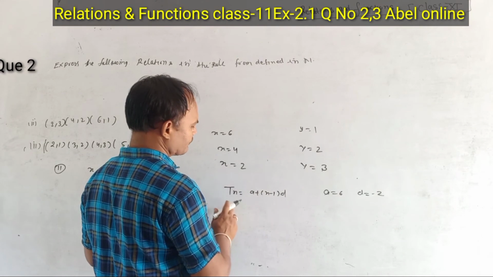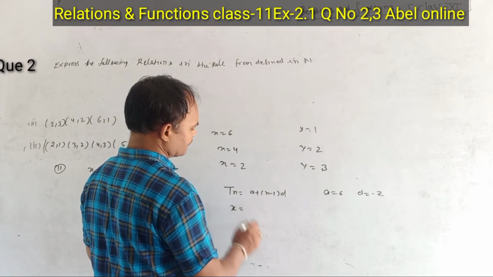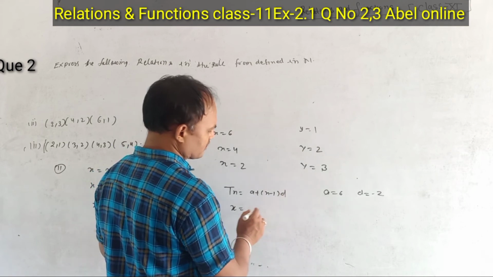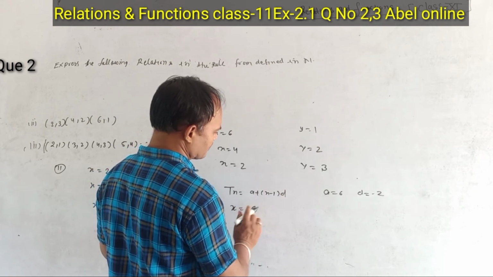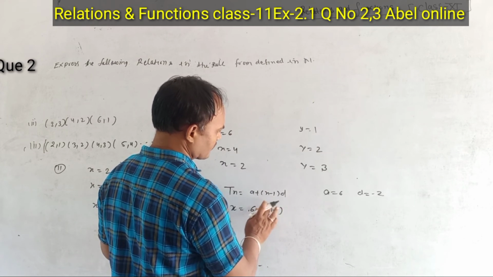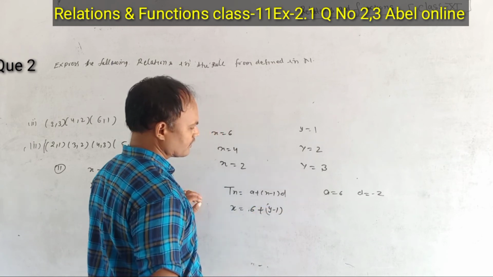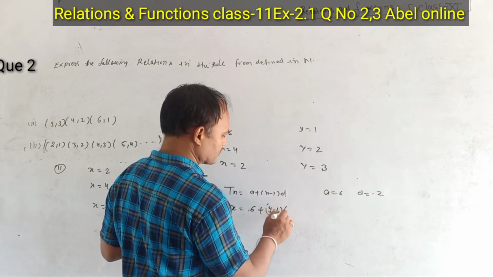So what is y? What is Tn? Tn is x. So x equal a, which is 6, plus n minus 1, and n means we are talking about y. So it is y minus 1, and the value of d is minus 2.